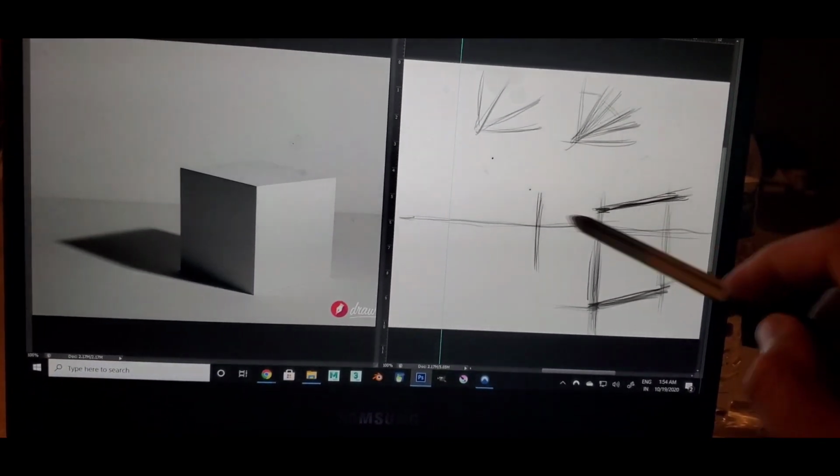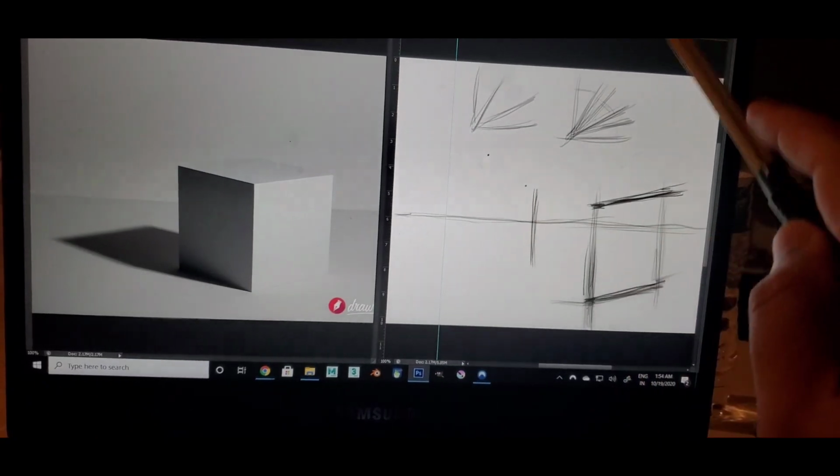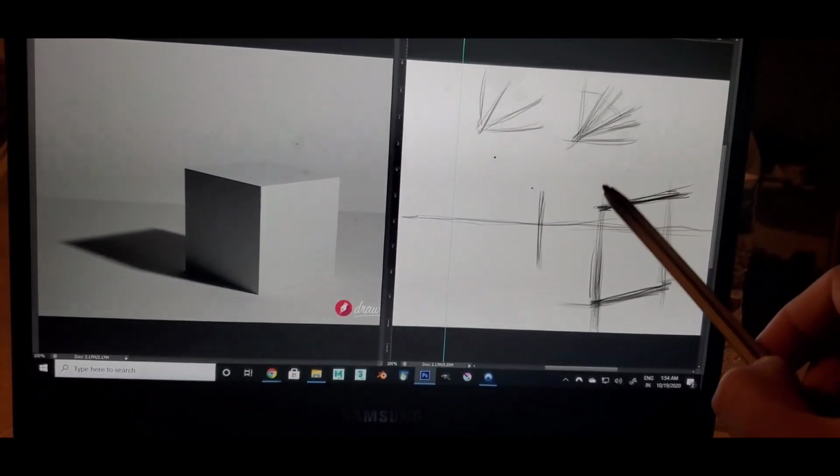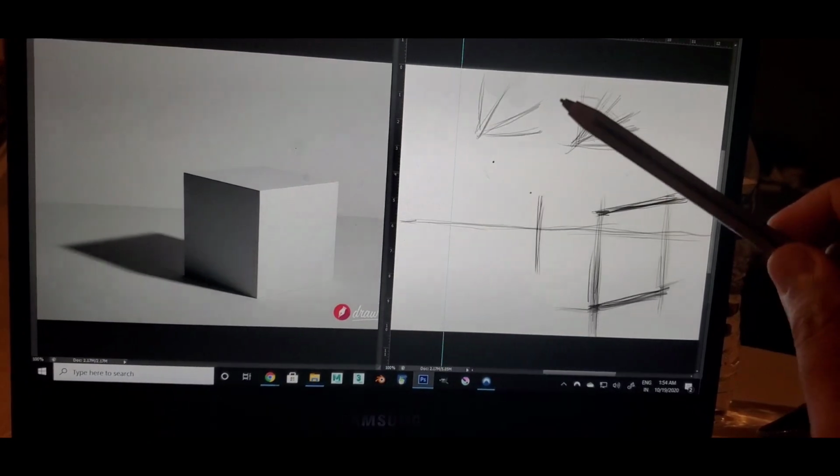For some reason it says this has to be a little more, but no worries, we'll check that later.